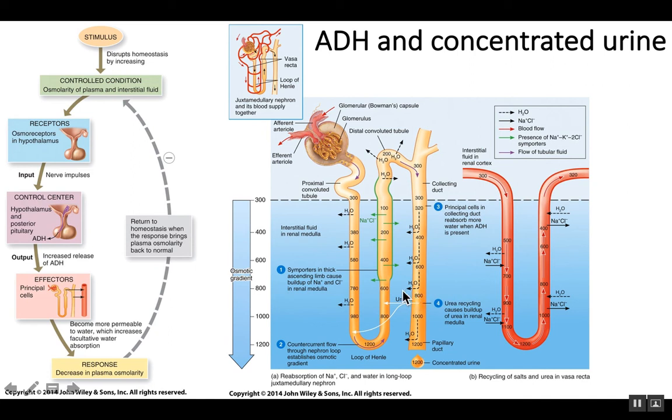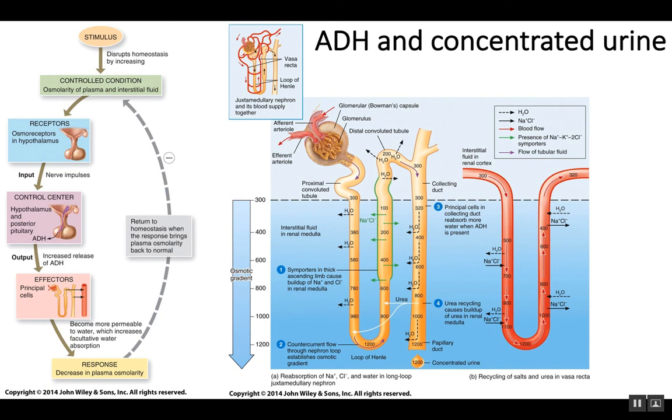If you pull water out of the collecting duct, your urine is going to be very, very concentrated. That's that urine that you can see when you're in the toilet is really, really gold. And that means you're dehydrated. And that means your body's producing ADH and your kidneys are doing their best to retain water in the body.